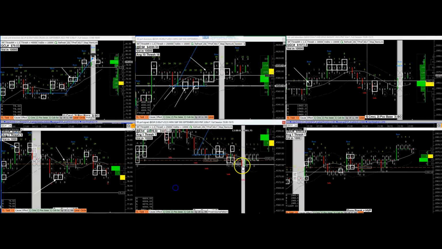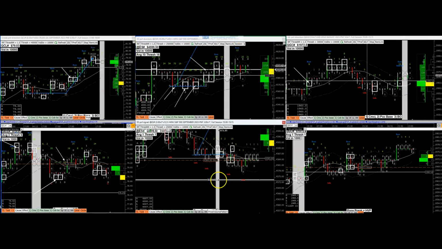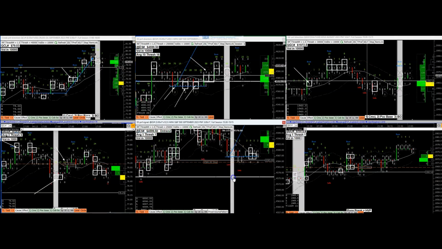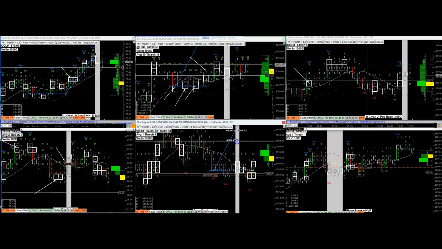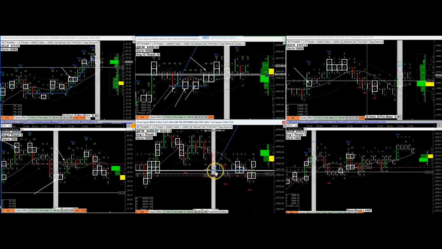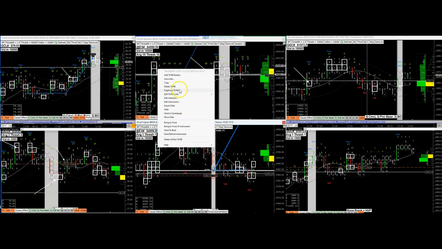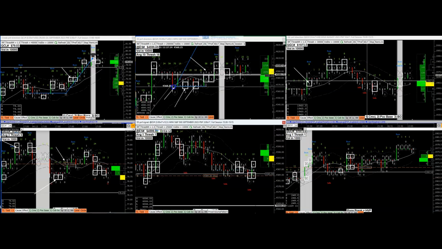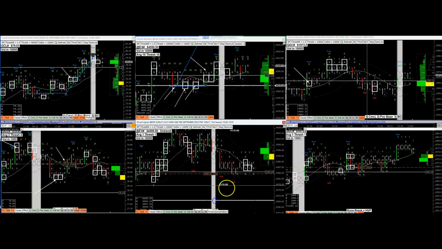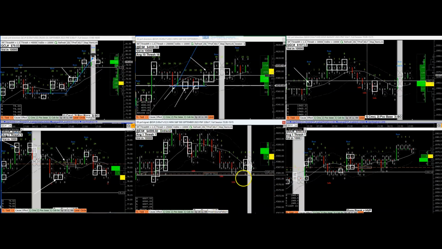And this right here, you see this? Before it broke, it looked like that. Let me show this. Okay, now look at this accumulation structure.